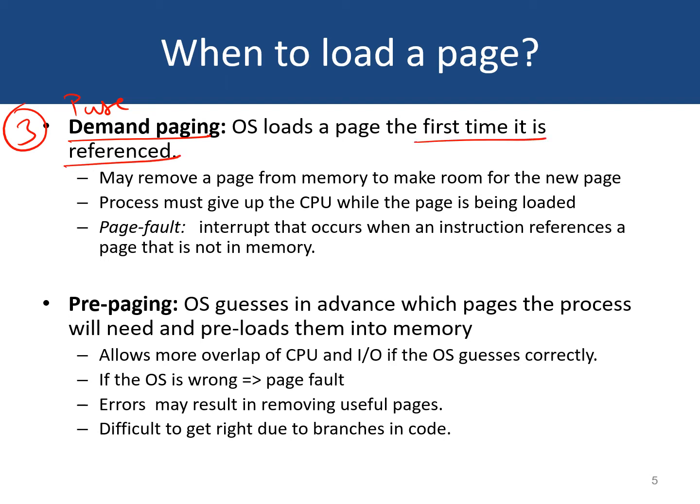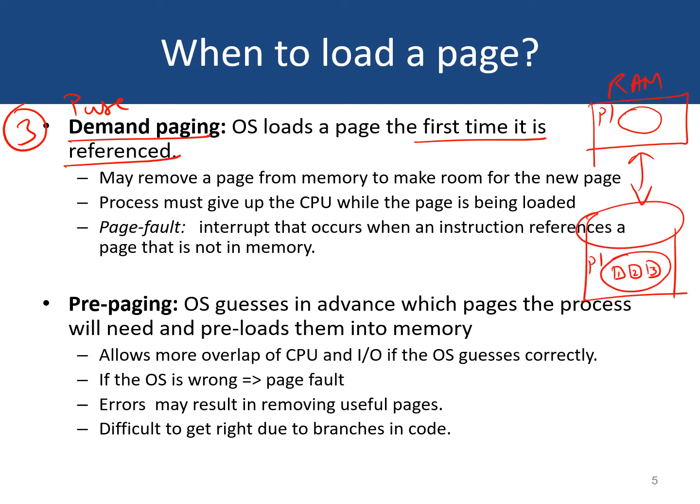So if a page is never referenced, it will never be brought in from the hard disk into the main memory. This is pure demand paging. So in pure demand paging, there must be at least one page fault corresponding to a given page for the page to be loaded from the hard disk to the main memory.